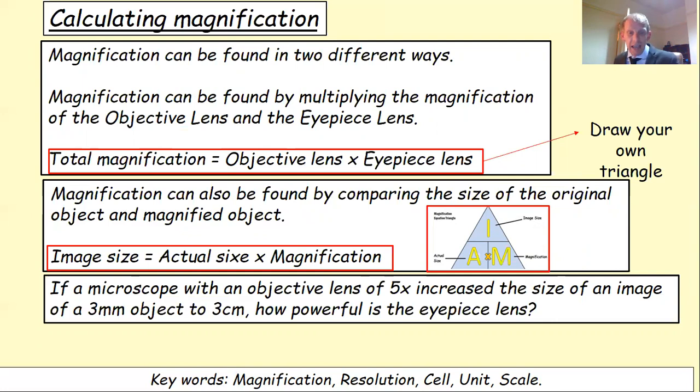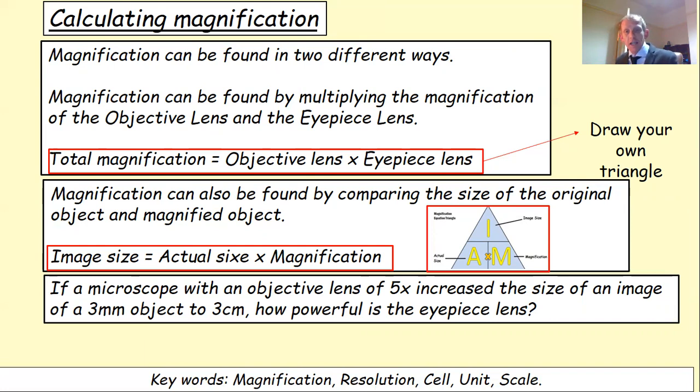Now, again, you can see I've jotted a red box around that equation. It's really key that you're able to recall that equation, guys. We've got another equation as well, which is the other way in which you can work out the level of magnification that you're producing with a microscope, and that's by looking at the image size that you're generating with your microscope, and also the actual size of the object you're looking at.